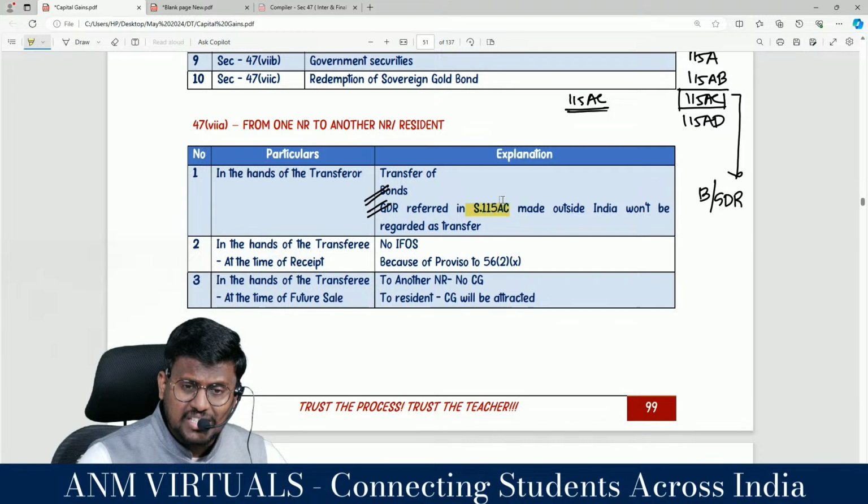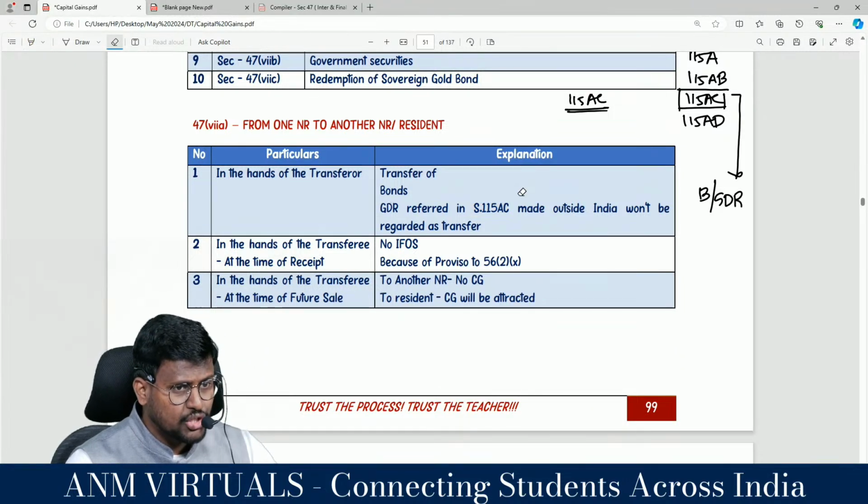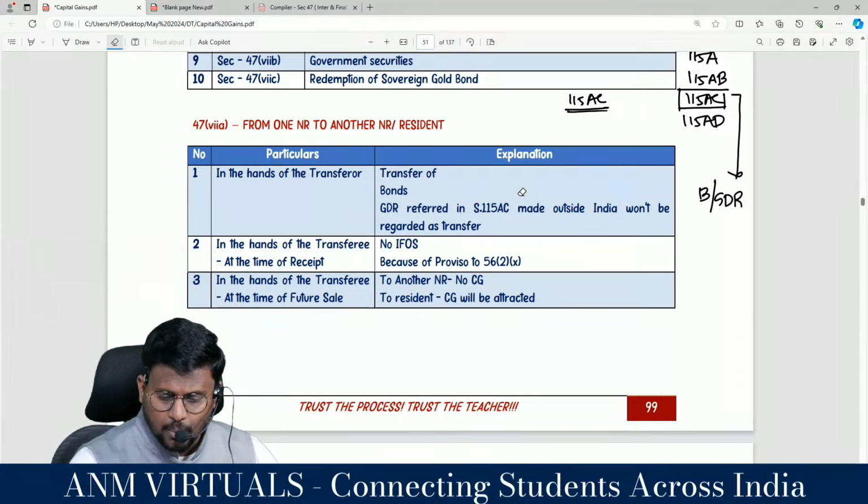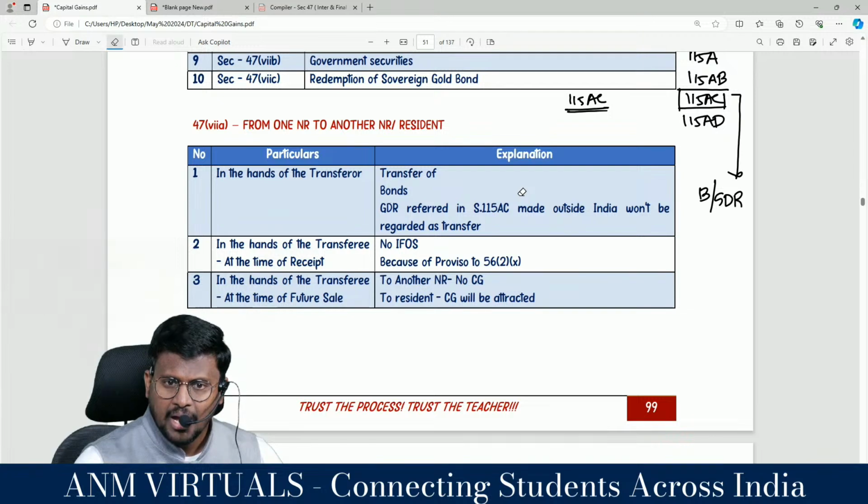So tell me, transfer of bonds or GDR referred in section 115AC, made where? Outside India, sir, won't be regarded as transfer.